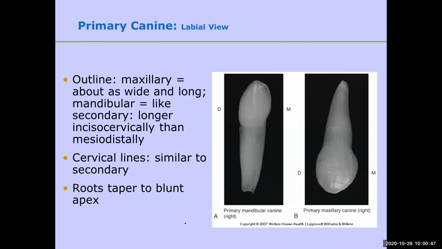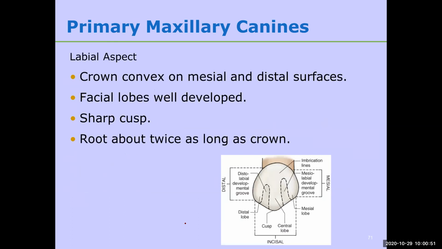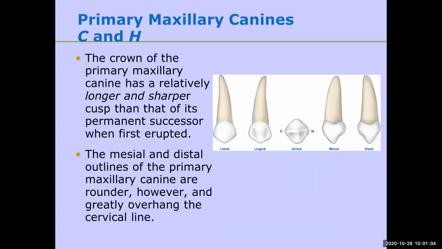They taper. Sharp cusps. Long roots. They can look like the permanent counterpart, except for the shapeliness of them.